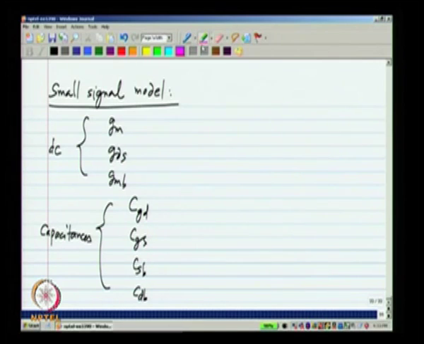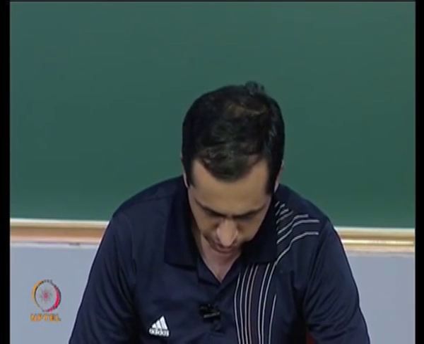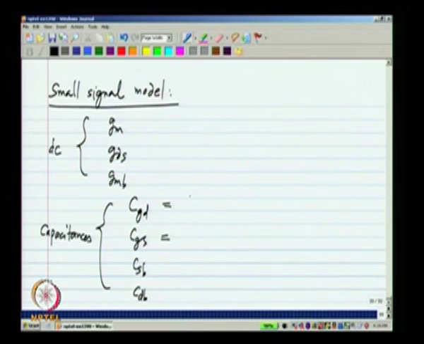Between every pair of terminals you have a capacitance, except between source and drain directly, because they are kind of isolated from each other, and that capacitance is generally small in most processes. And in the saturation region, the intrinsic value of CGD is 0, but you will have the overlap capacitance per unit length times the width of the MOSFET. CGS will be 2/3 Cox WL plus this times the width of the MOSFET.